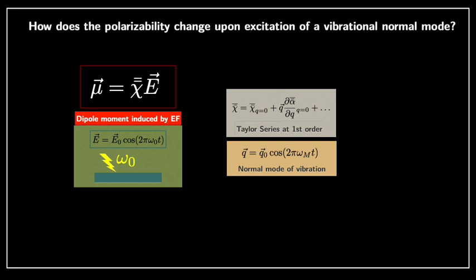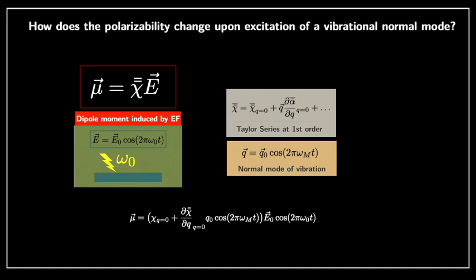Now, this is pretty nice because we are going to introduce all we know in the green box, the orange box, and the gray box back into the red box. And so we are going to find something like this. The dipole moment is going to be equal to chi, where I replace chi by what I have in the gray box here.